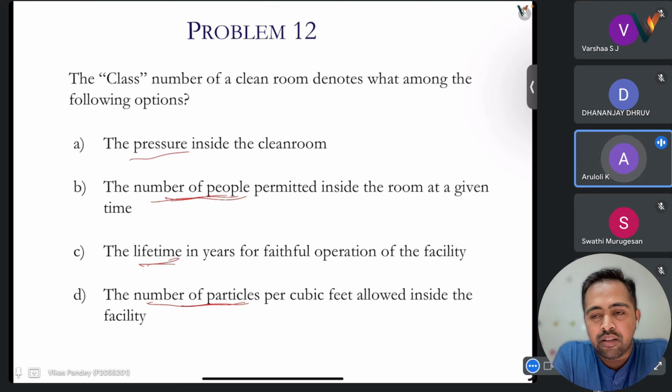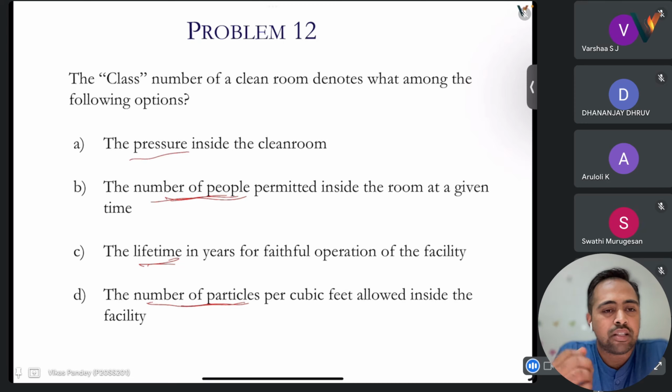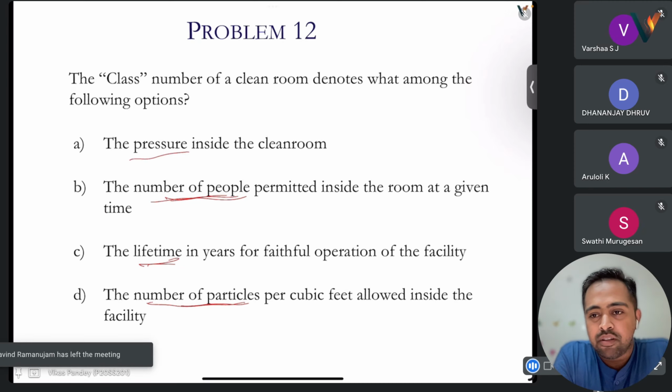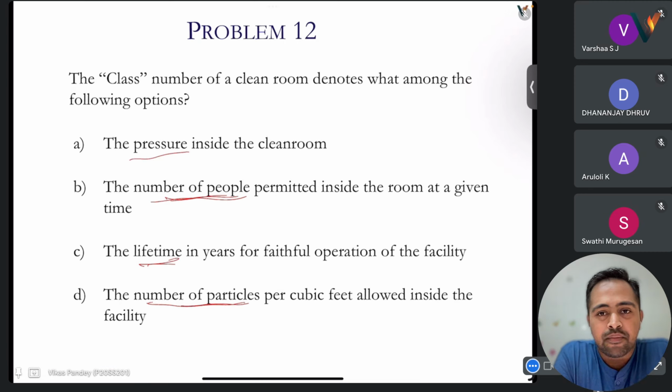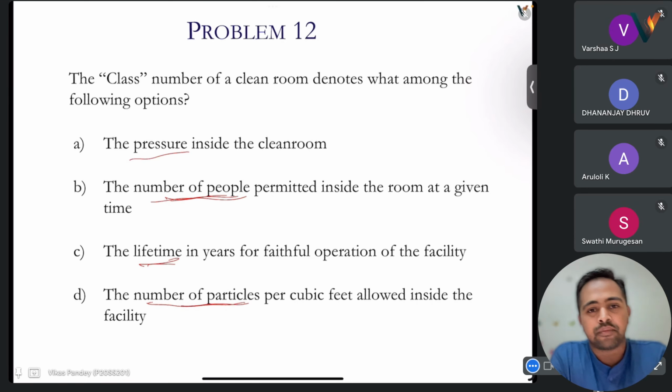No, sir, my background is electronics. Okay, someone in the last class, I think, said biotech or something. Anyone who would answer? Then electronics people also work in clean rooms, right?